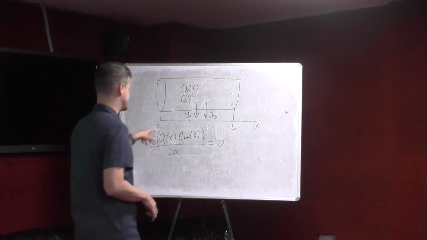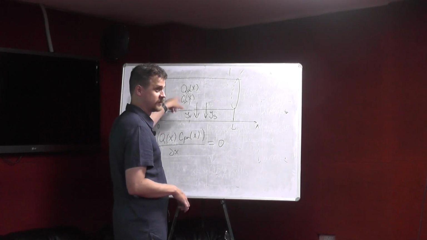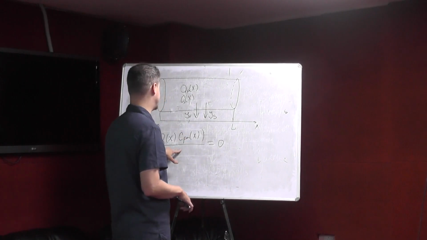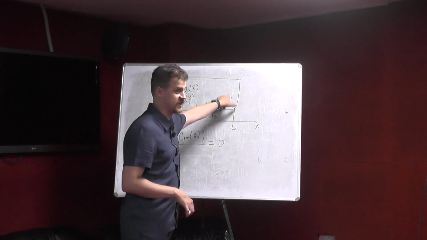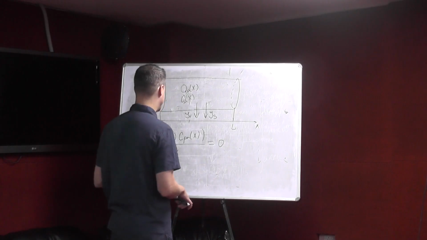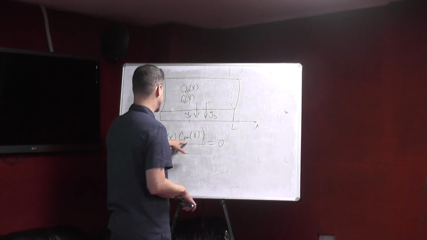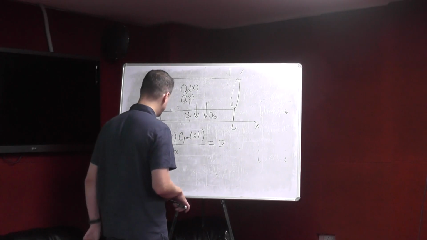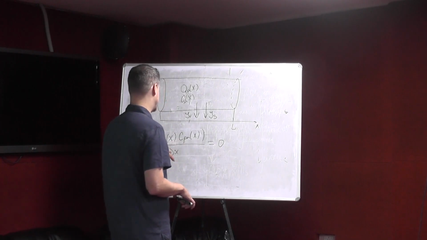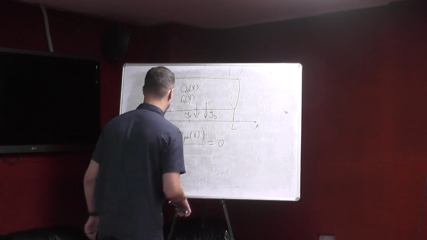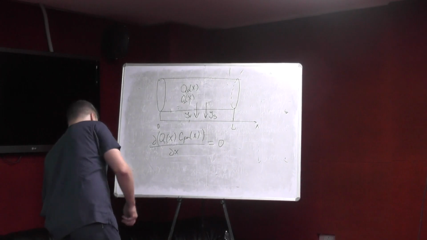That means that there is no transport of albumin across this membrane, and no matter what position of this capillary we assume, there will be no change of this particular description, like QX on CPRX, where PR is protein.